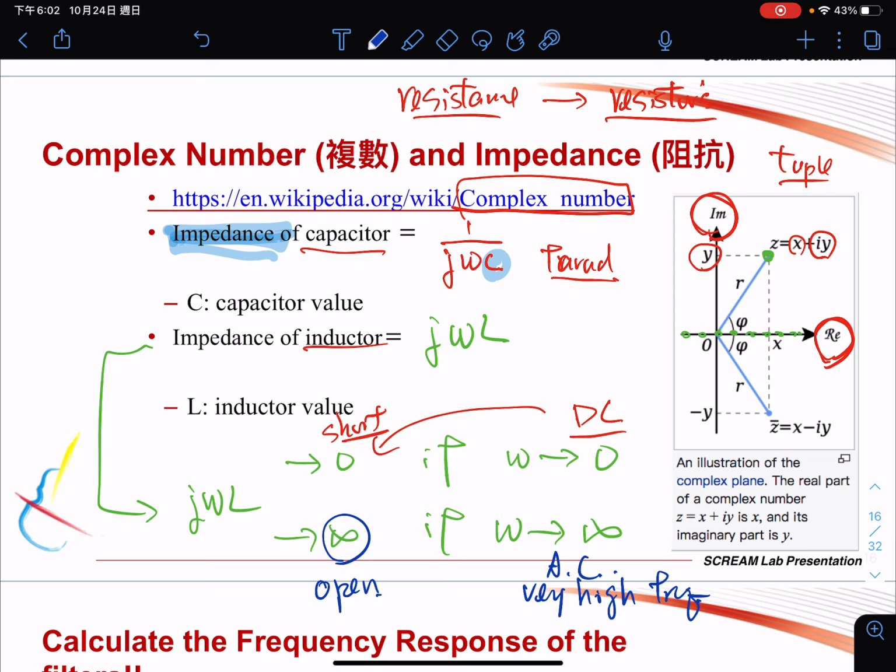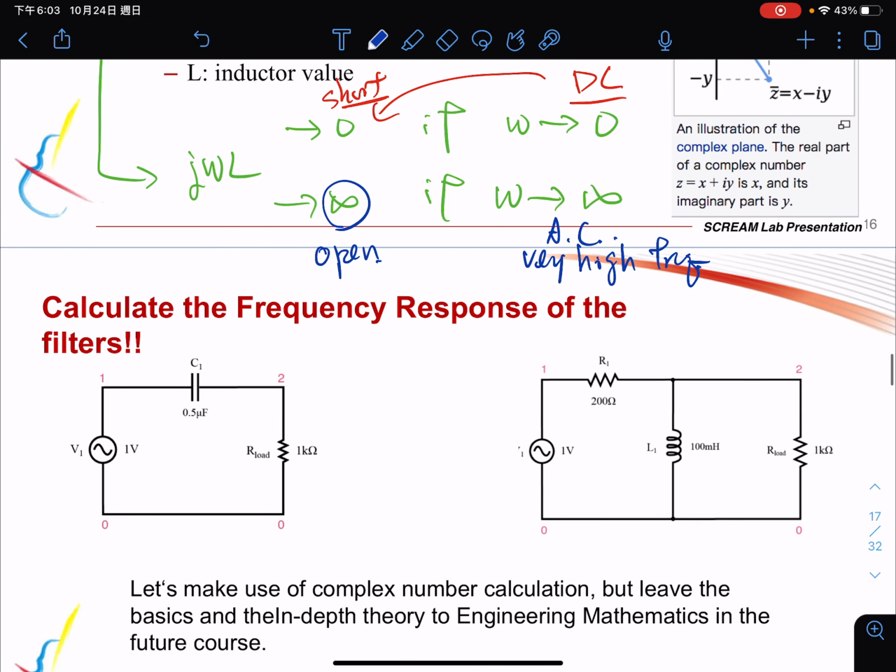So the impedances of the capacitor and inductor are functions of the frequency. It's no longer a fixed number, unlike resistors. A resistor, no matter what frequency you operate at, basically remains the same. So how to calculate?